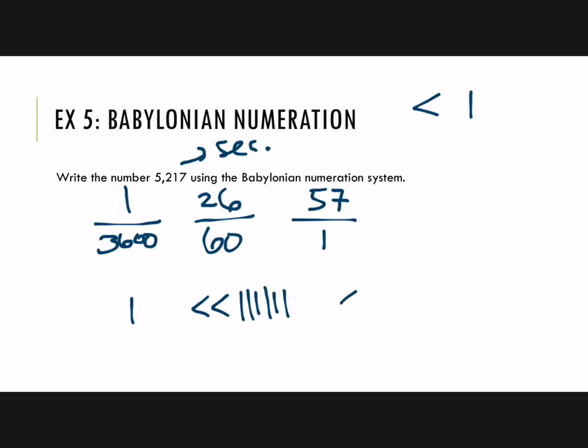Okay, and then we have 5 10s and 7 1s. And then sometimes you can stack like this too, if it gets too long to write all in a big line. But make sure that your spaces are really obvious to show that you're transitioning to the next group of 60s or 1s, something like that.